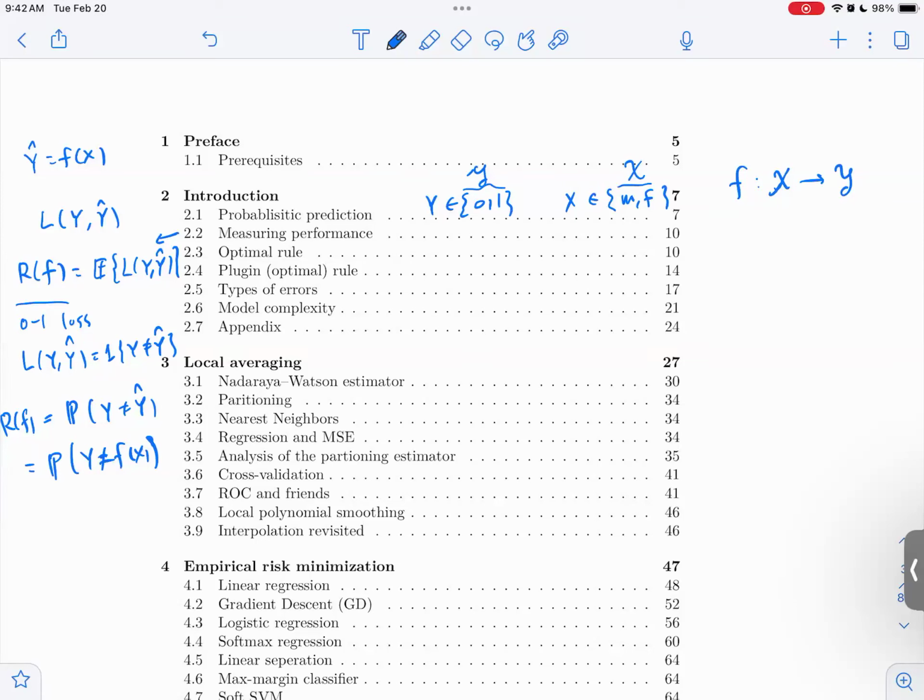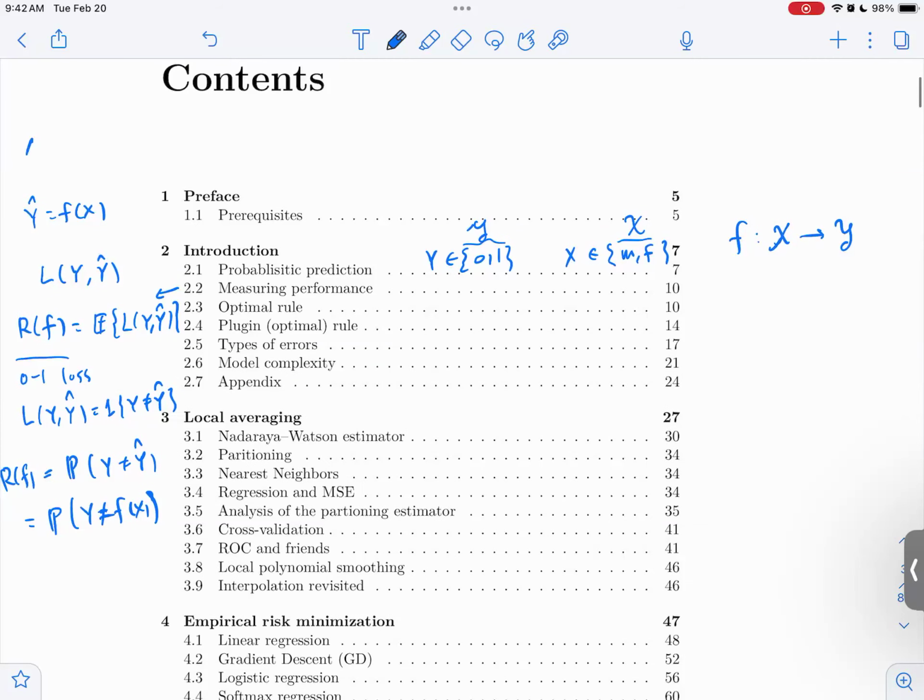But this is all under the assumption that I know the joint distribution of the xy pair. The assumption is that x and y are coming from a joint distribution, which if I know, I can compute this optimal rule, or the Bayes rule. Well, we don't know it, so we try to estimate this probability by averaging from the training data, and then this leads to this plug in optimal rule.